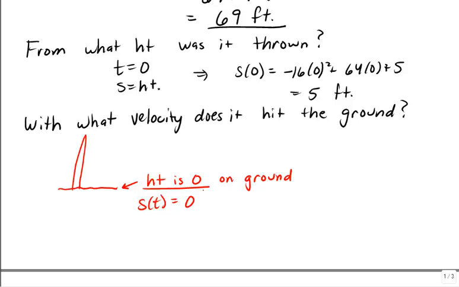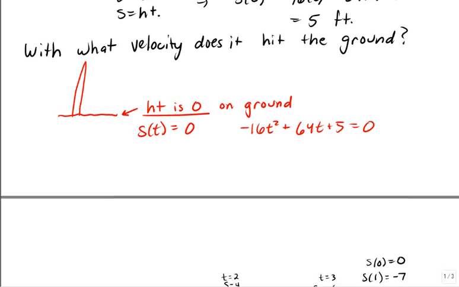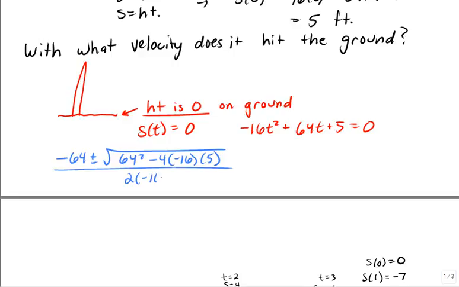You're just changing the English into math symbols. So we have negative 16t squared plus 64t plus 5 equals 0. And to do that, we'll use the quadratic formula. So we have negative b plus or minus the square root of b squared minus 4ac, all over 2a. We're going to get two answers.